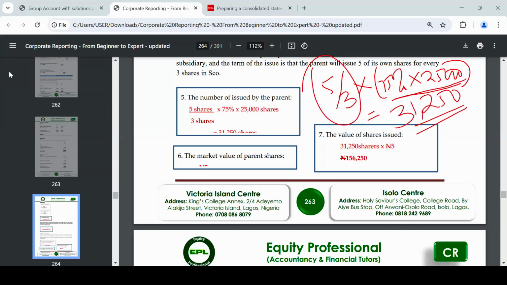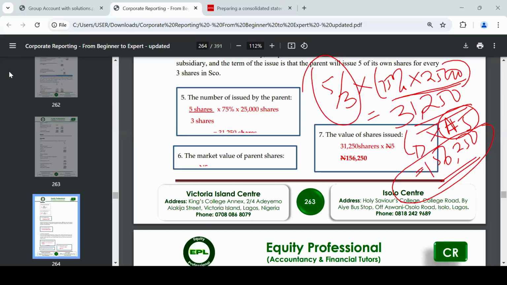But we're told that the market value of these shares is 5 naira each. So you multiply this by 5 and you get 156,250. Now, what I was discussing the other time was the fact that this 156,250 represents the amount of the shares at 5 naira.